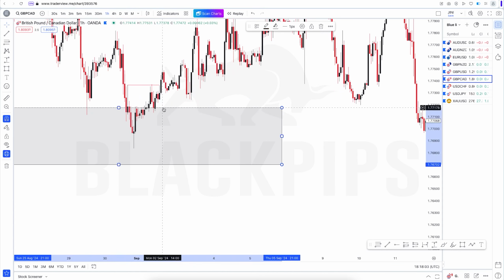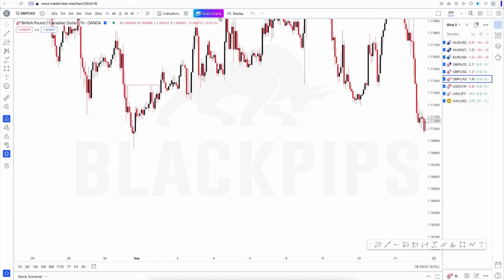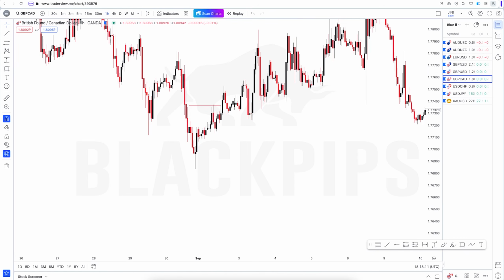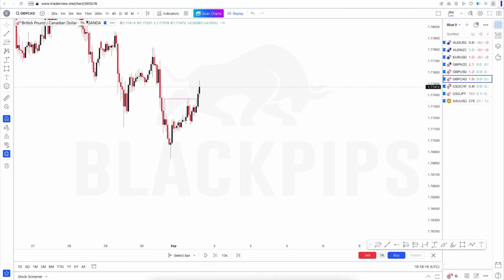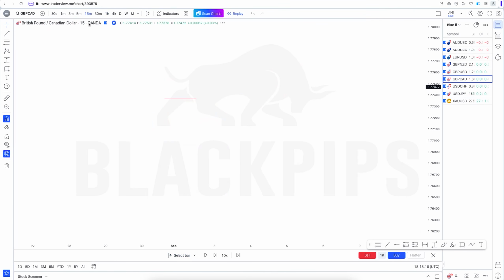So what we know is that the market has to come to that level to take those liquidities that are found inside that level.